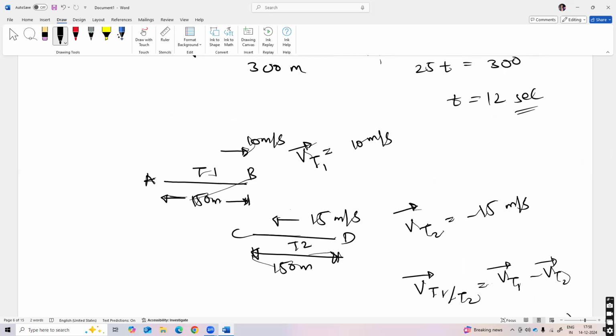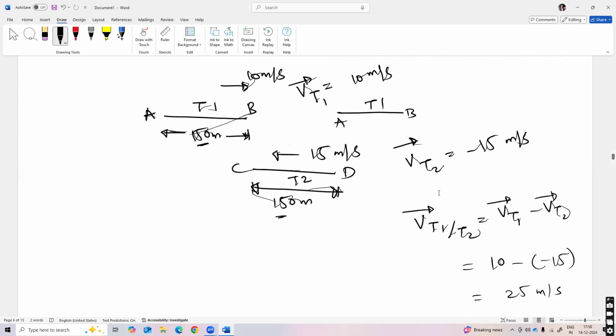We will say train T1 has crossed T2 when the final position is such that point A reaches point D. So the distance traveled by point A on train T1 is 150 meters, its own length, plus 150 meters, the length of train T2. So it is equal to 300 meters.